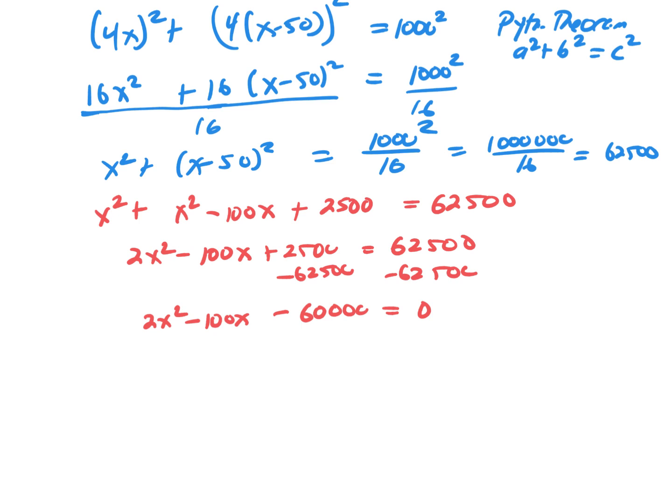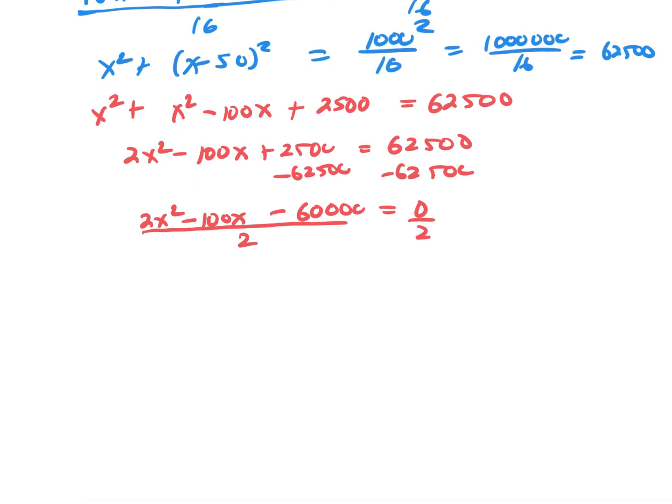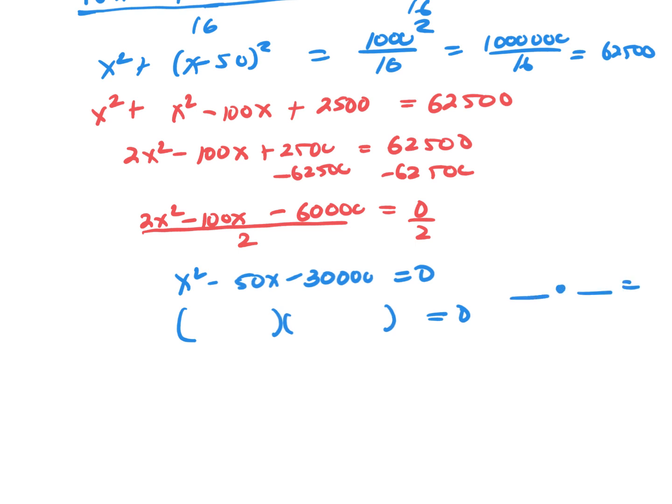Now I'm going to divide everything by 2 because I can see all the values are even. This leaves us with x squared minus 50x minus 30,000 is equal to 0. And then I'm going to factor this. So I need two values that multiply to negative 30,000 but add to negative 50.